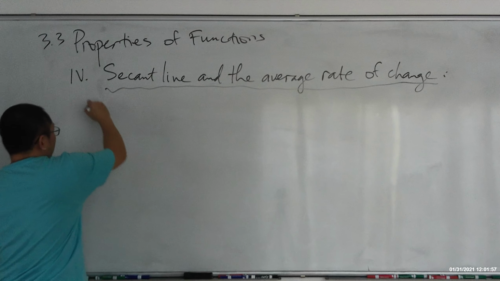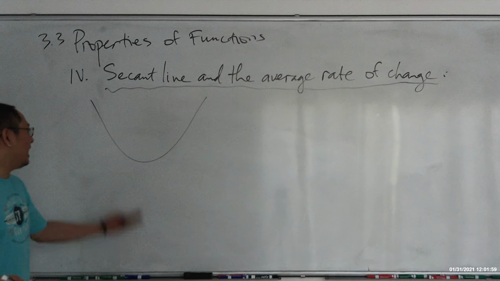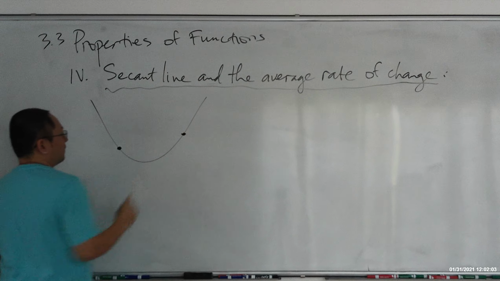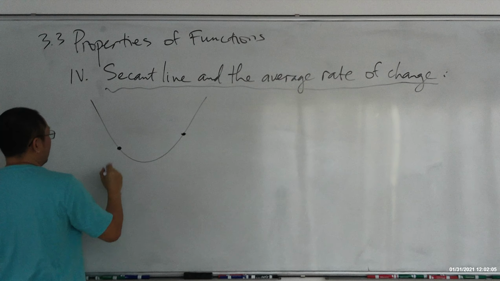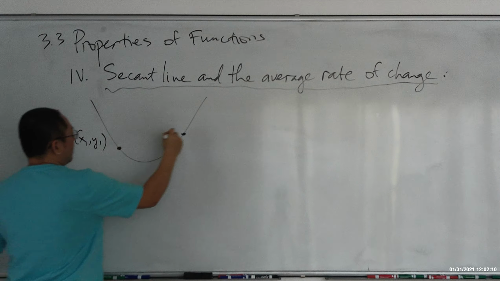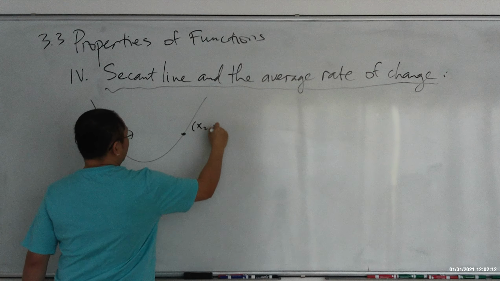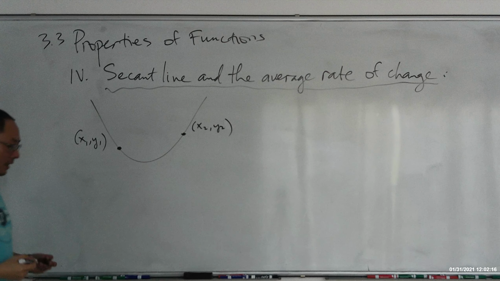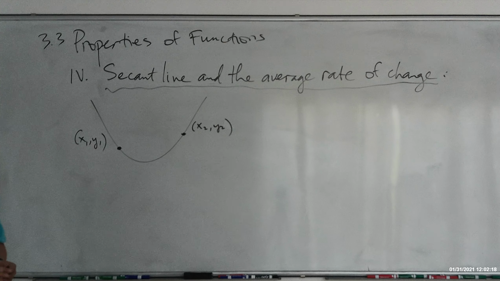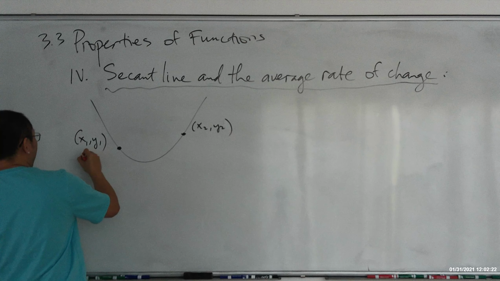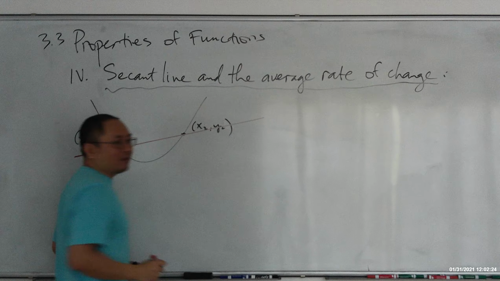So let's start with the graph. Say I have a graph, any function, any graph. If I have 2 points on the graph, say the first point right here is (x1, y1). The second point right here is (x2, y2). If I connect the 2 points on the graph, I'm going to have a straight line.